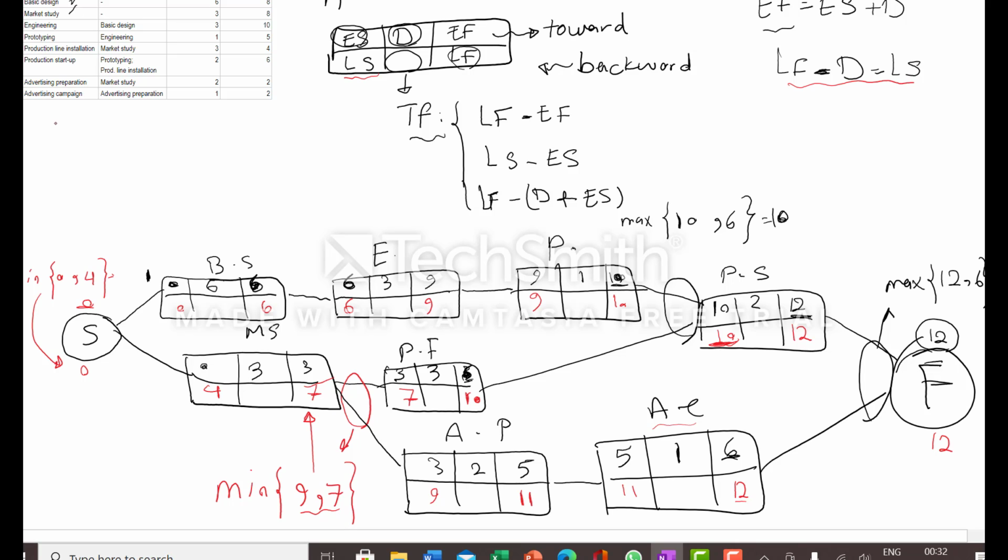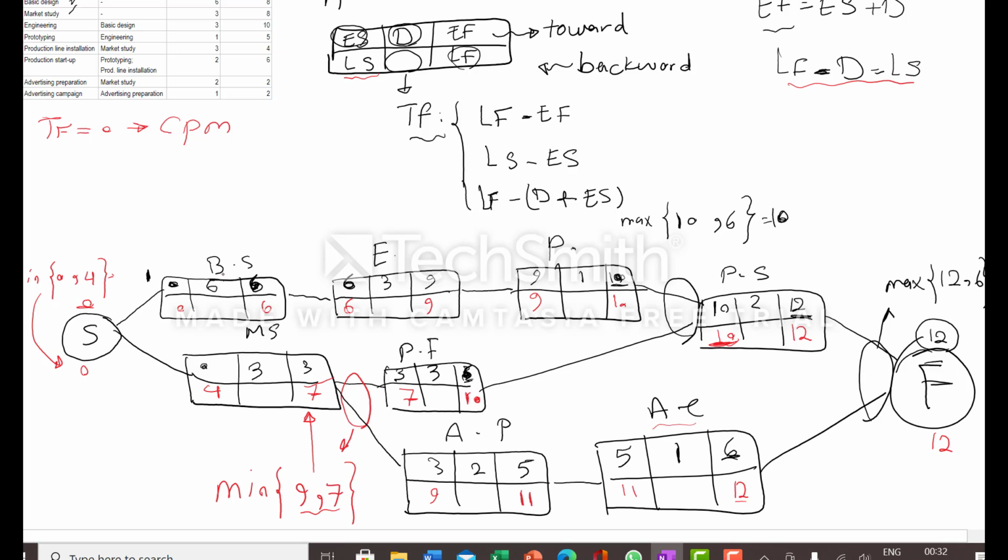Now we know that if the total float of the activities is 0, it shows the critical path method. Also if we select the maximum duration among different paths, it also shows the CPM.